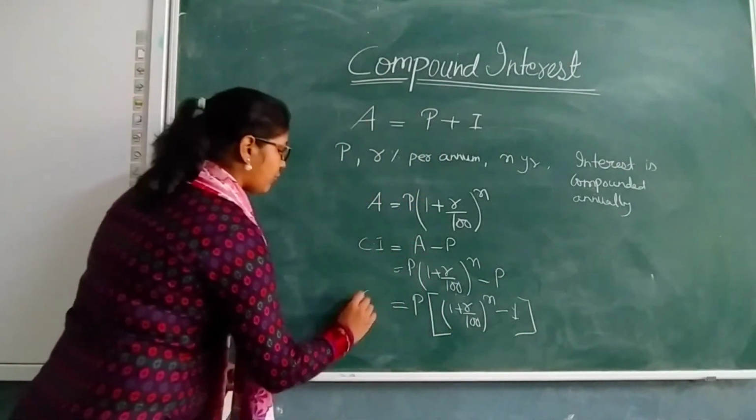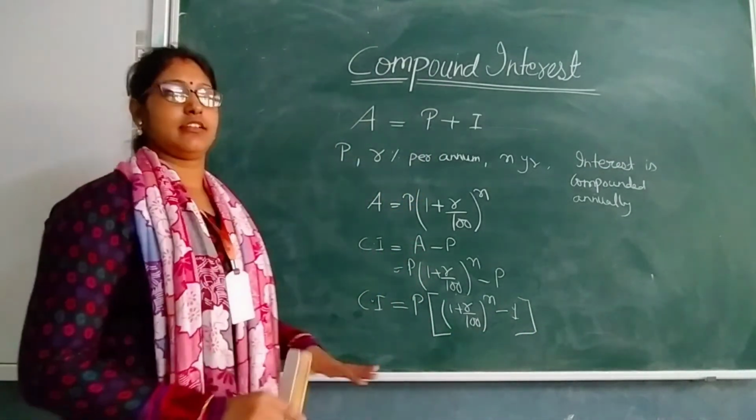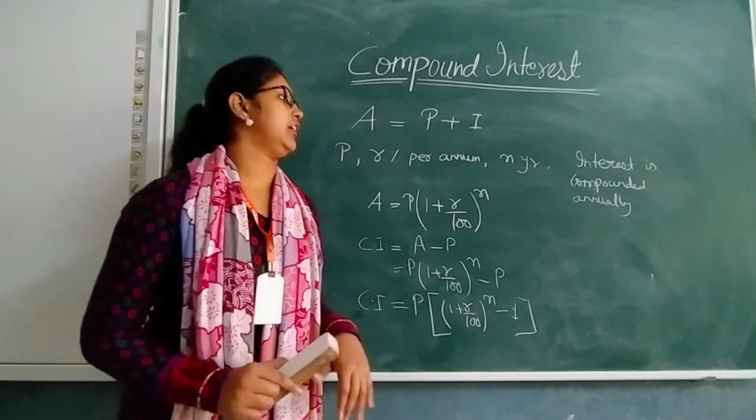So this is the formula of compound interest when interest is calculated annually.